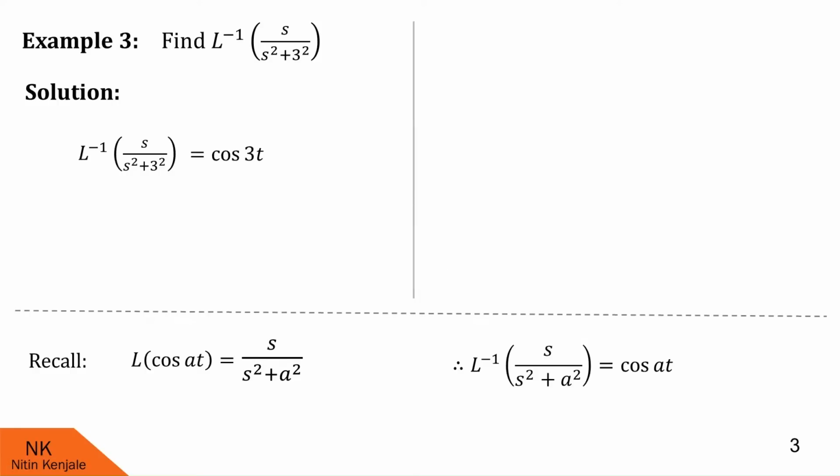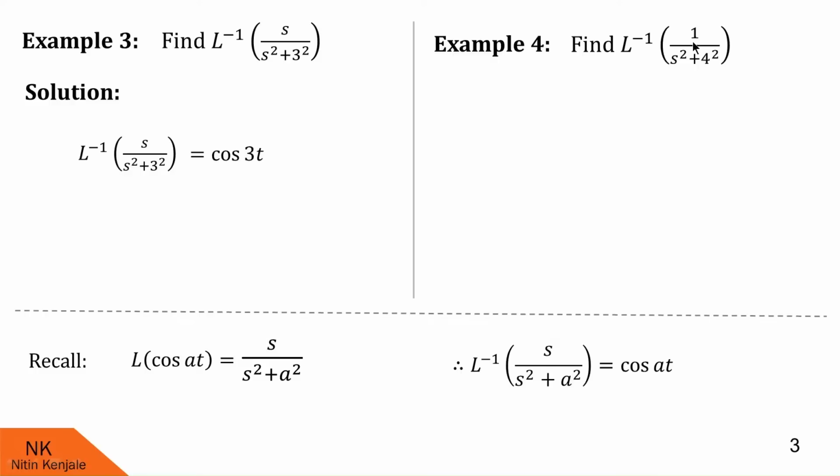Now try to solve this fourth example. Here we have to find L inverse of 1 upon s square plus 4 square. If you compare this function with this one, you will see that s is missing over here. If there was s, we would have written L inverse of s upon s square plus 4 square as cos 4t.